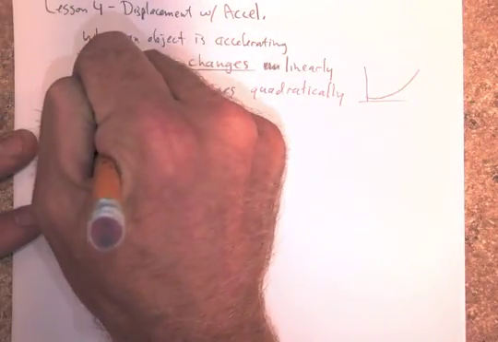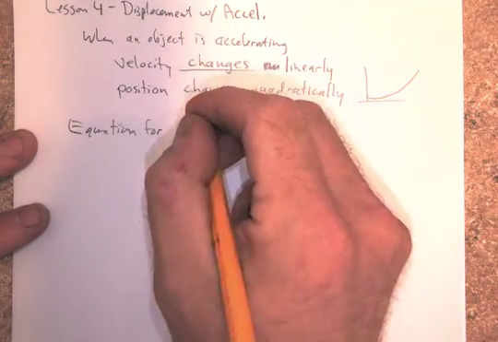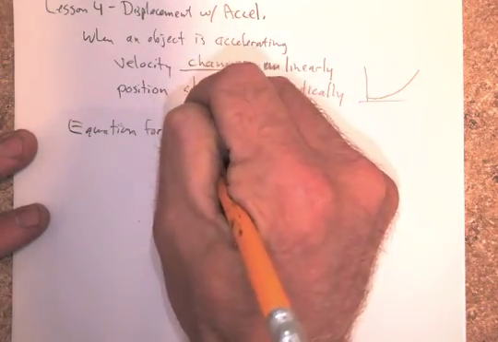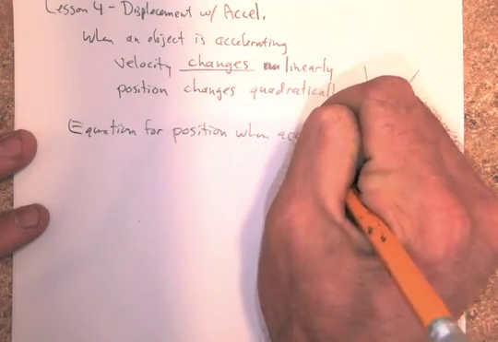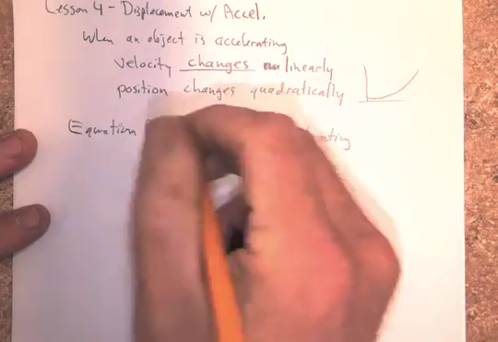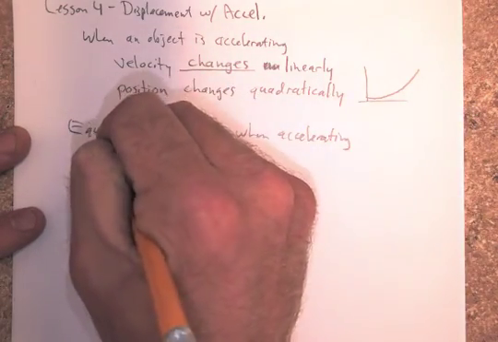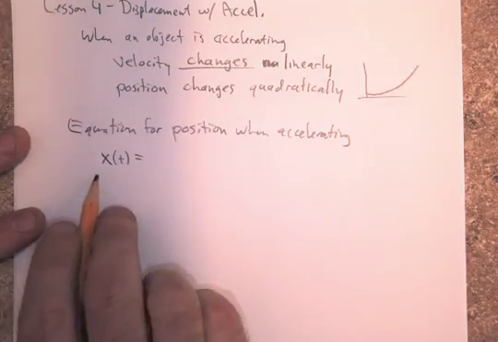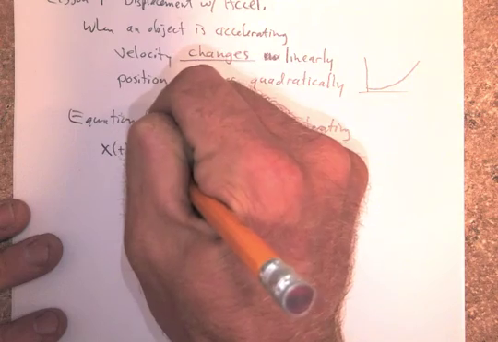So the equation for position when accelerating, this is a big one. x of t, okay, position x. Let's say x0.